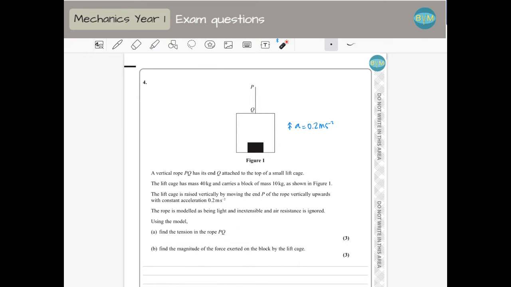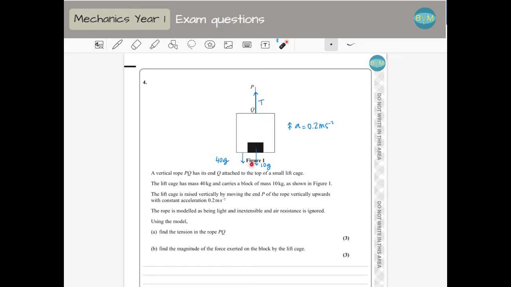So the forces: I have a tension here, and I have the weight of the block, which is going to be 10G, and the weight of the cage, which is going to be 40G. If we want to find the tension, we can work with all together. Remember, every time we have connected particles, we can work with them separately or together.